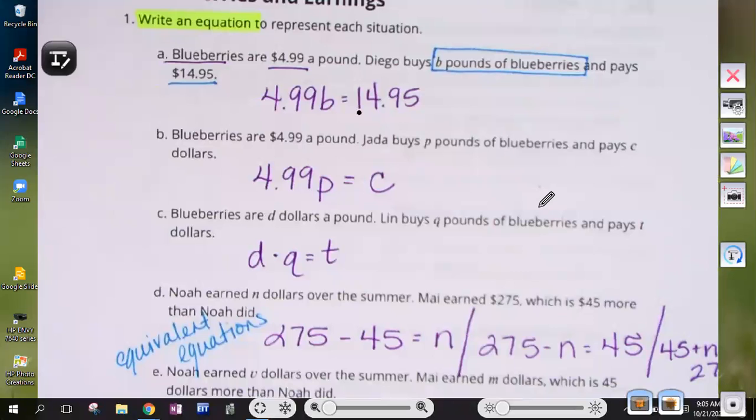Okay. So what situations have we talked about where the quantity is constant? It doesn't change. Y'all think of a situation like that?